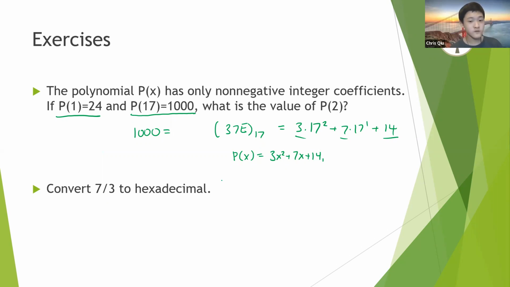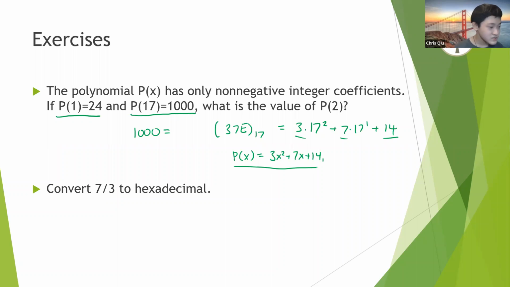Because of the nature of base 17 representation, this is actually going to be the only way to have such a polynomial satisfy these two conditions. The other ways to express 1000 as the sum of 17 squared times something plus 17 to the first power times something and a constant would have larger coefficients, because of the nature of carrying in base systems.